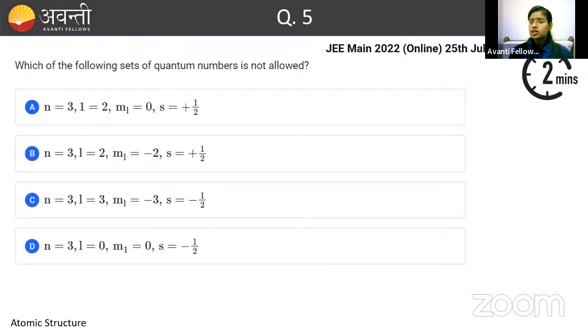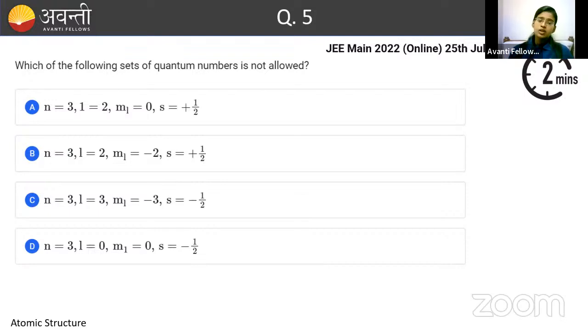L is equal to N. Not possible. Very good, students, because N is not equal to L. Yes, L is equal to N minus 1. It is not only N minus 1.